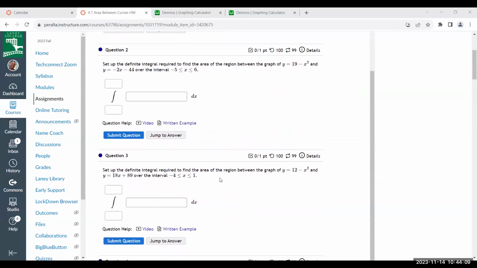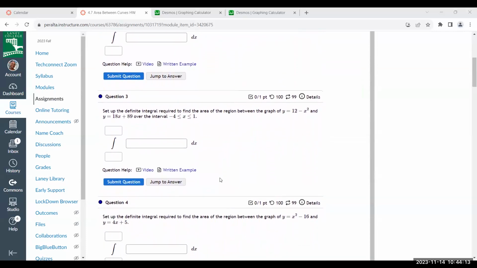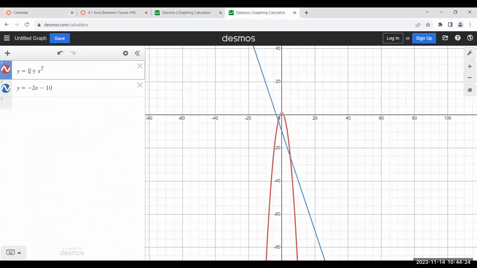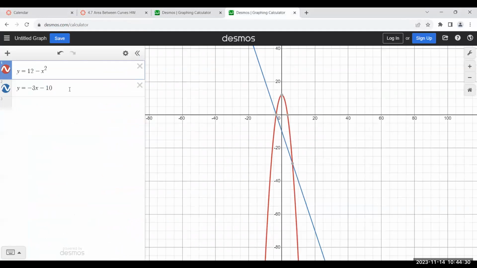Let's look at number 3. So number 3, it says set up the definite integral required to find the area between the graph of y equals 12 minus x squared and y equals 18x plus 89.